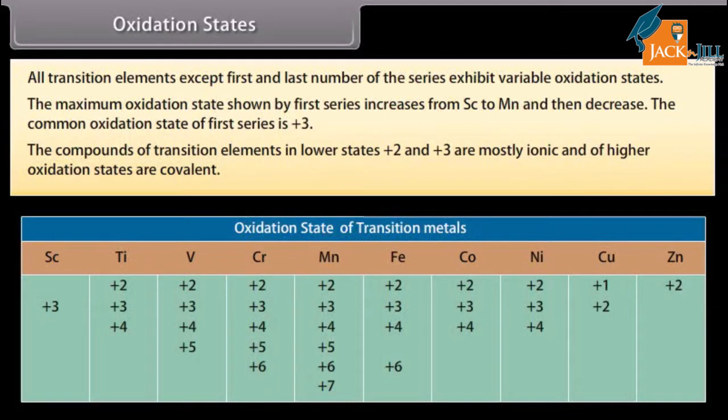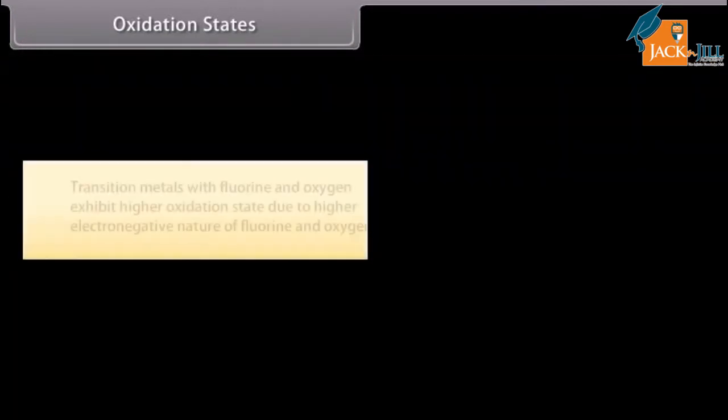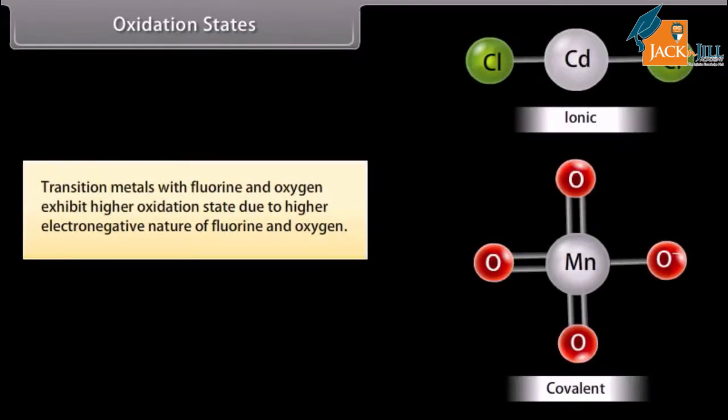For example, ZnCl2 and CdCl2 are ionic in nature and Cr2O7 and MnO4 are covalent in nature. Transition metals with fluorine and oxygen exhibit higher oxidation states due to the higher electronegative nature of fluorine and oxygen.